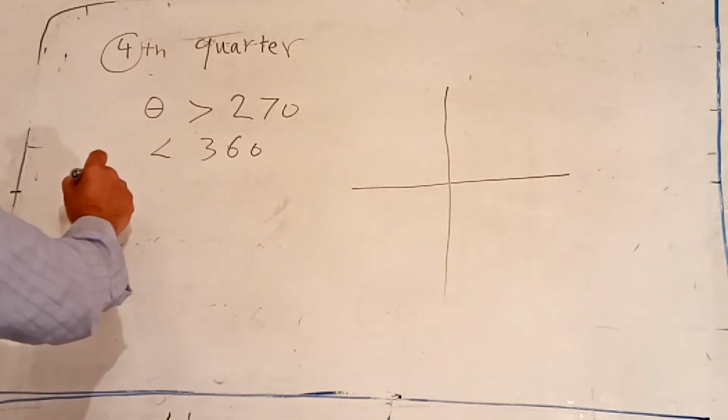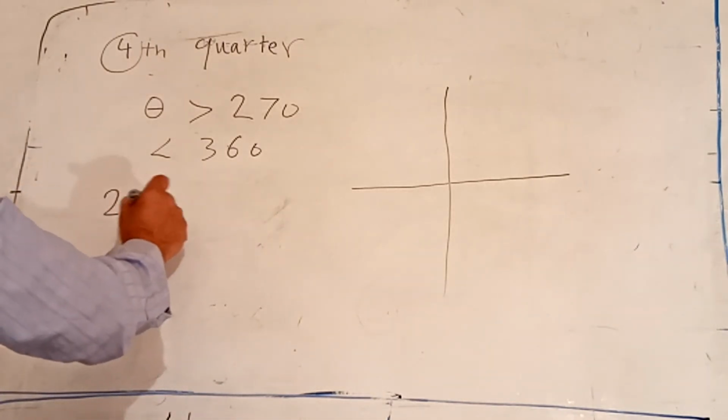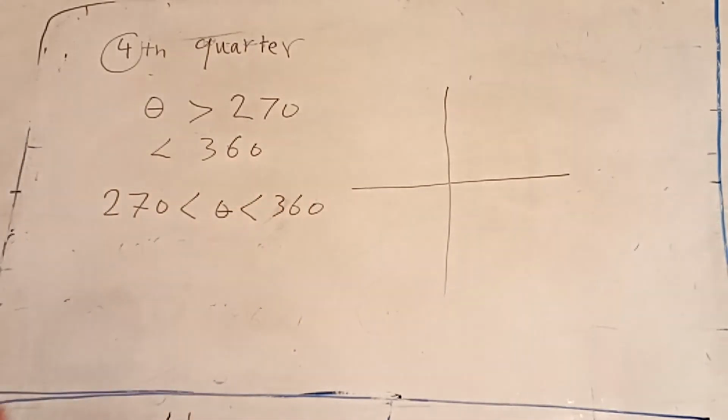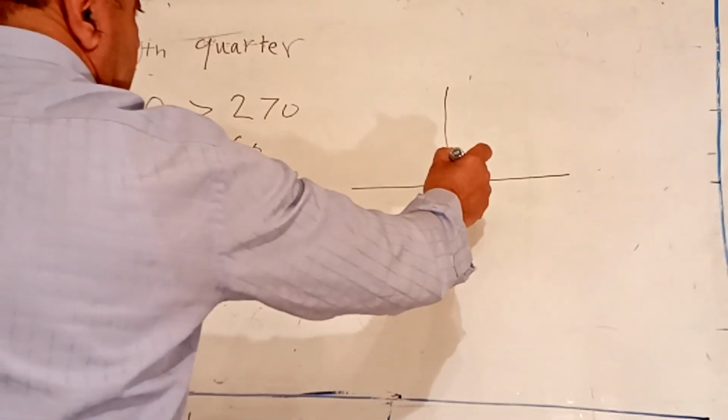You can write it like this: 270 is less than theta, less than 360, if you're using inequalities. Let's choose a value bigger than 270, but less than 360. We'll pick, for example, 300.